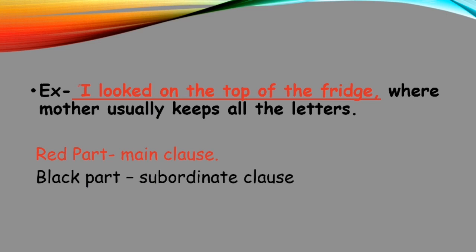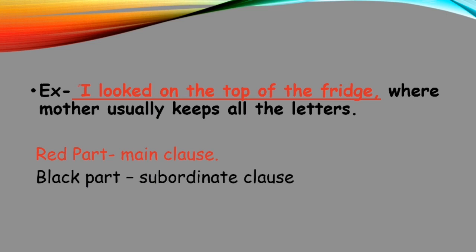Its meaning with the use of main clause. जैसे ही main clause आया है subordinate clause का meaning clear हो गया है, otherwise इसका meaning clear नहीं होता, right? I looked on top of the fridge is giving us complete meaning, that's why it's a main clause. Okay, and the other one in black is the subordinate clause which is using the main clause to complete its meaning, right?